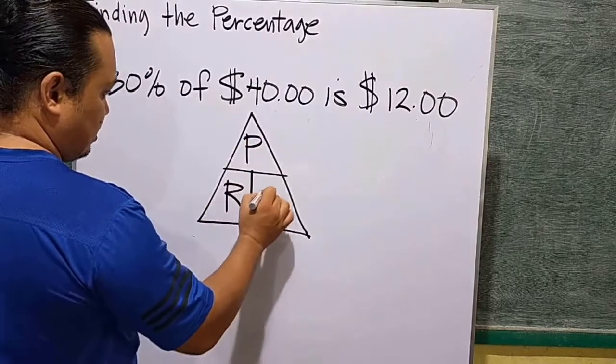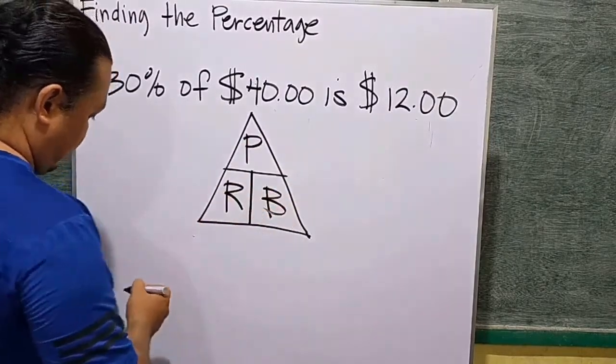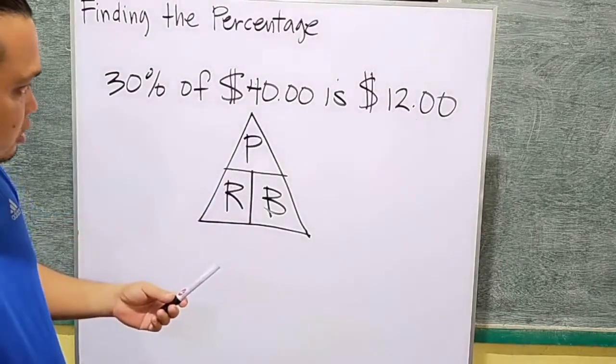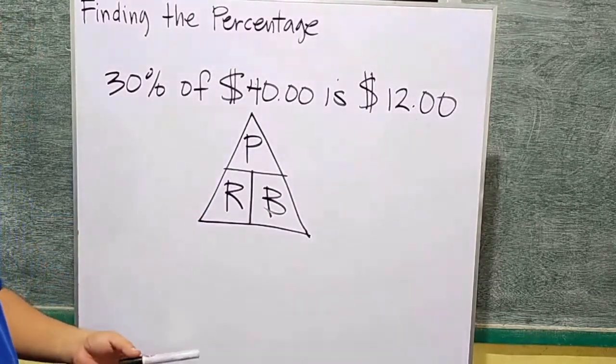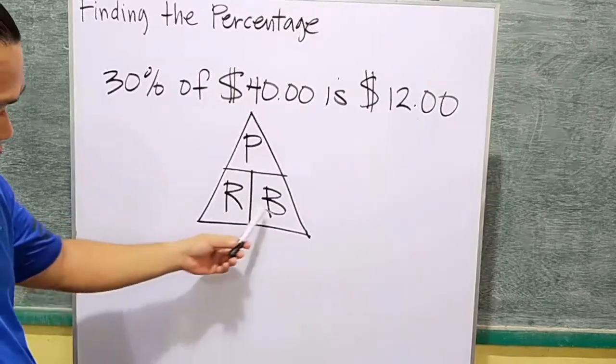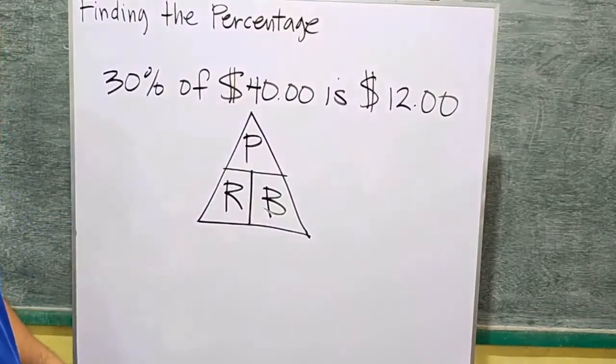We have P, R, and B. P stands for percentage, R stands for rate, and B stands for the base.